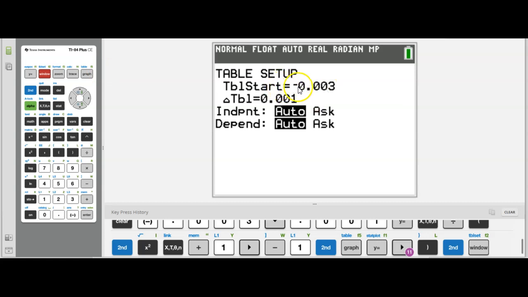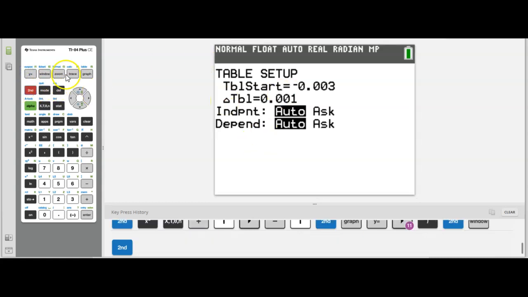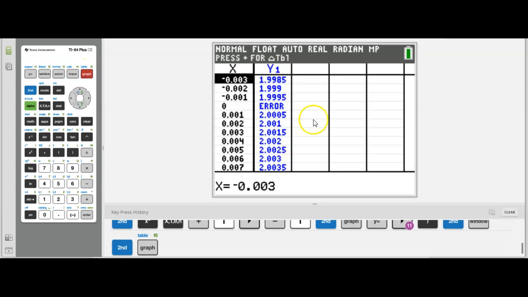You want to make sure your table starts at negative 0.003, and that your table increments right here are going up by 1,000th every time. Once you have that entered, you can click second graph. That will bring up your table, and it will give you the y values for each of these x values.